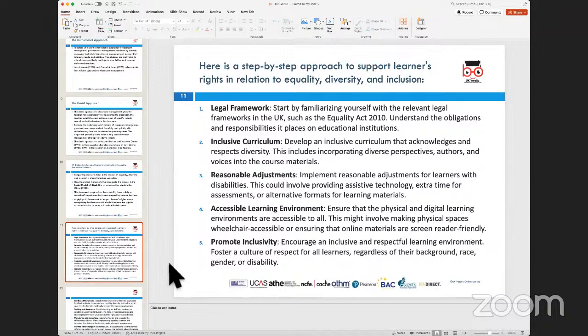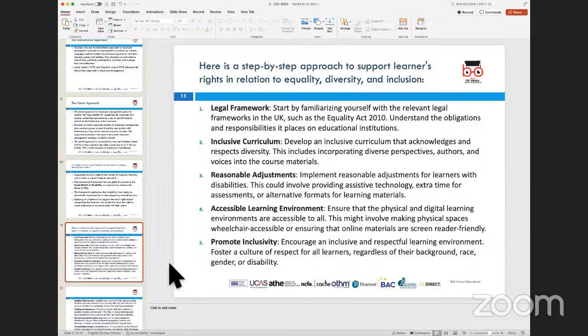To explain how we support learners' rights in relation to equality, diversity, and inclusion, we need to take into account legislation and acts which have been developed into policies in relevant educational institutes.